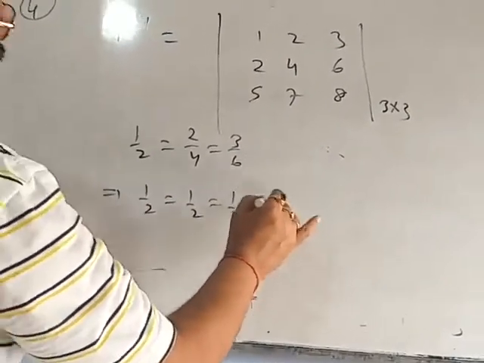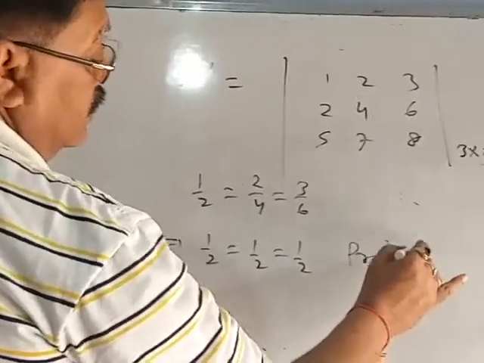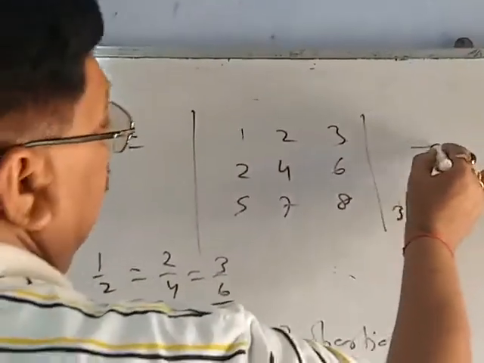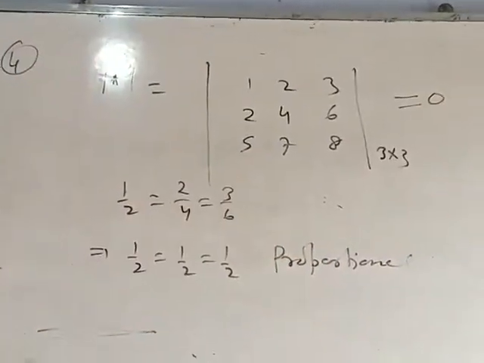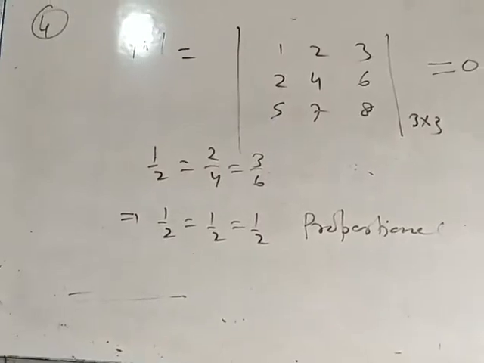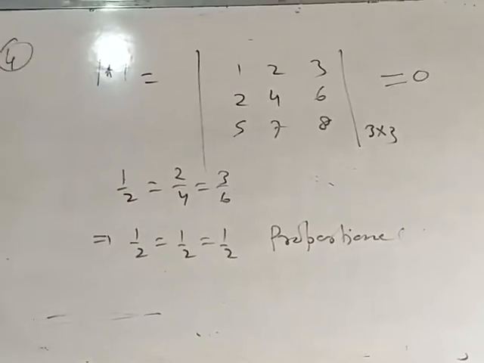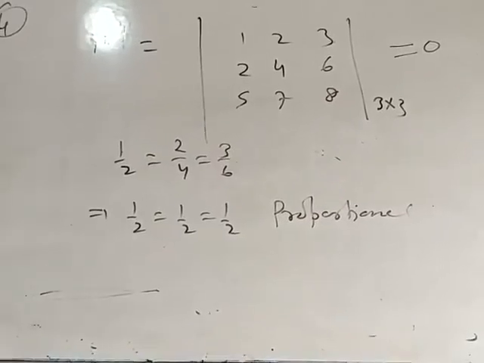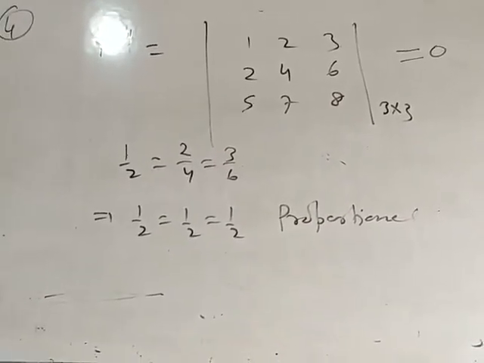It is proportional. So the value of determinant will be 0. So if elements of any two rows or columns are proportional, then the value of determinant will be equal to 0.